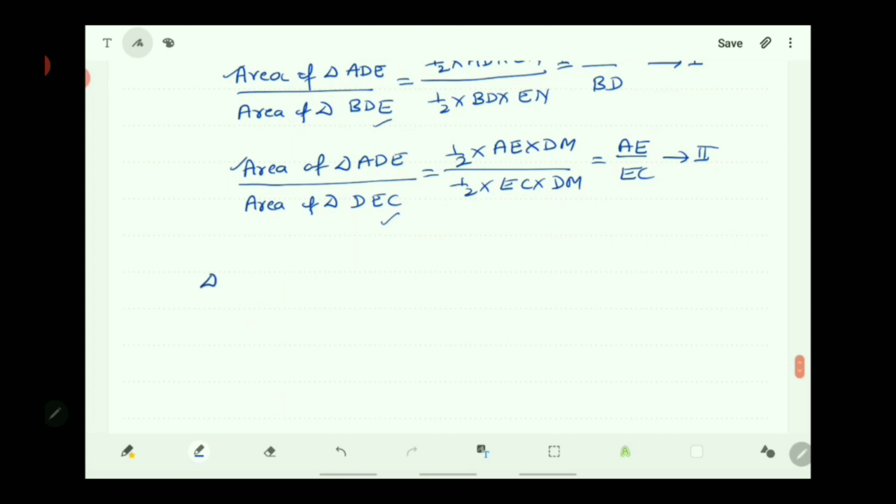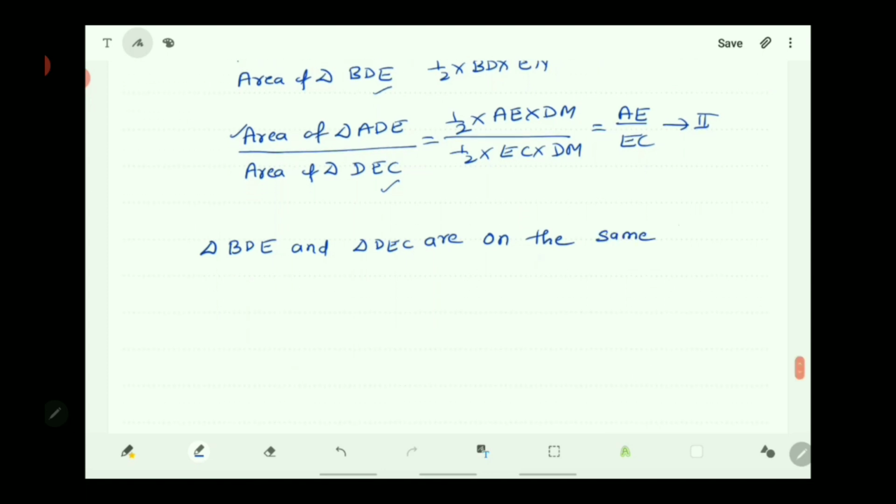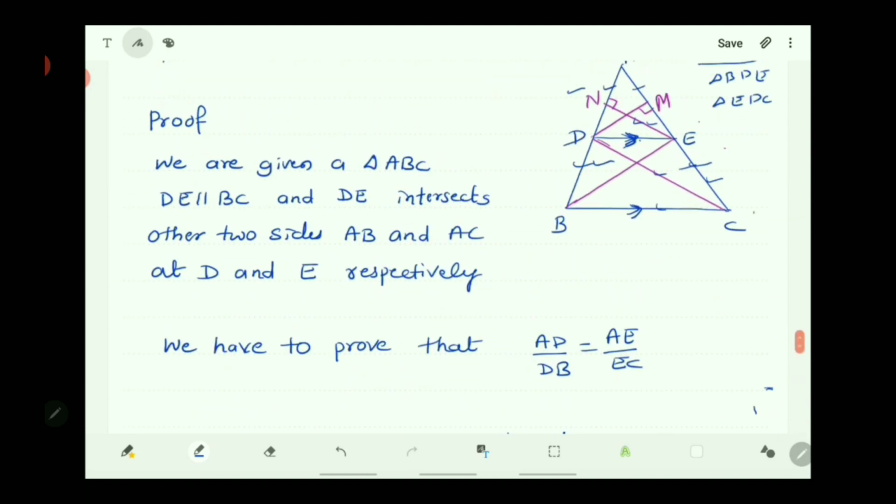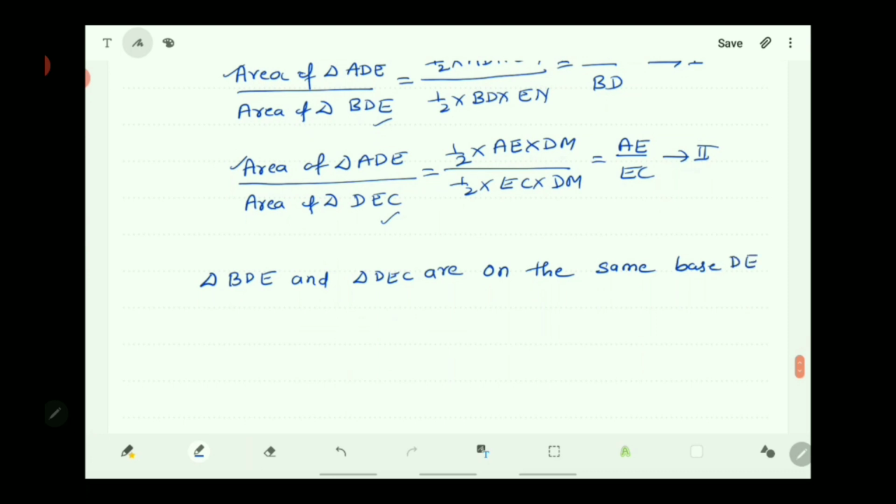Triangle BDE and triangle DEC are on the same base DE, and between the same parallels BC and DE.